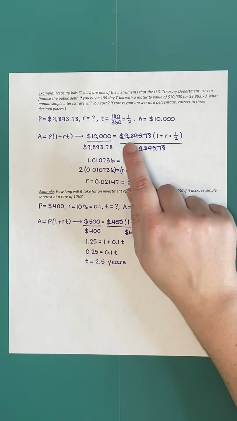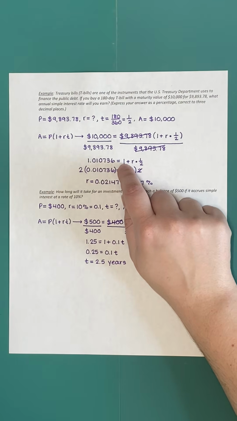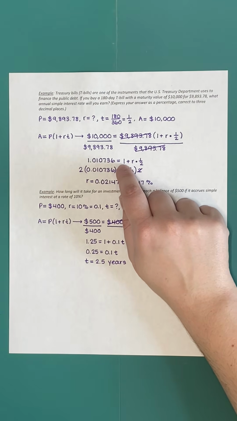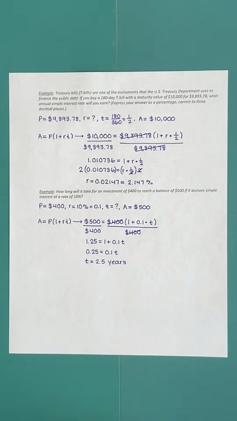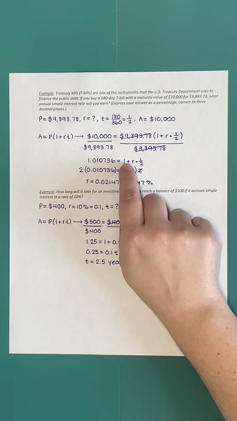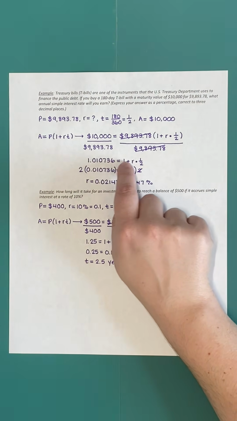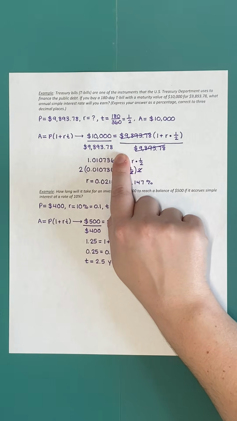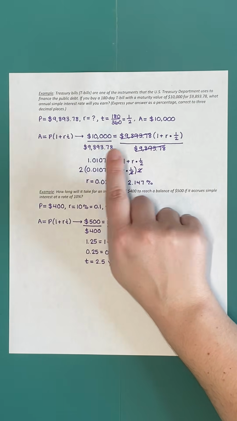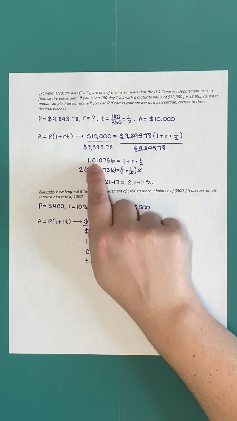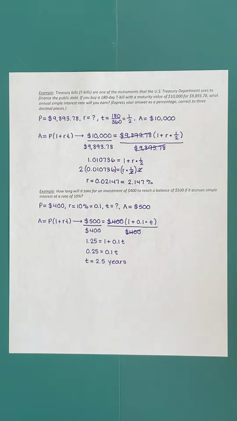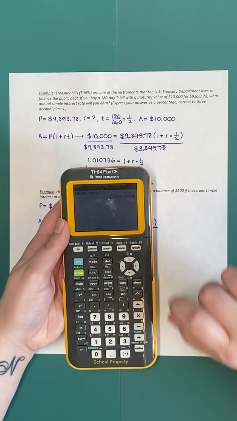So the final operation here is the addition of 1, and that's what I have to undo next. It was an added 1, which means I'm now going to subtract it. I have to subtract that number from both sides. So I'm going to subtract it on the right in order to eliminate it, which is going to leave me with this. But in order to keep everything in balance, I have to subtract it on the other side as well. I'm going to keep that running in the calculator.